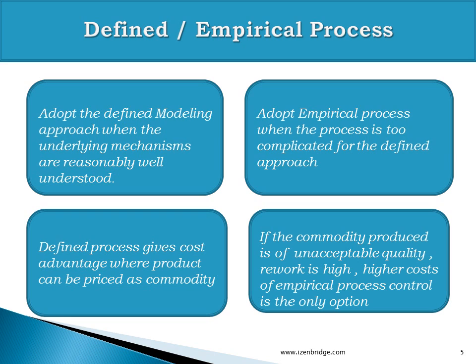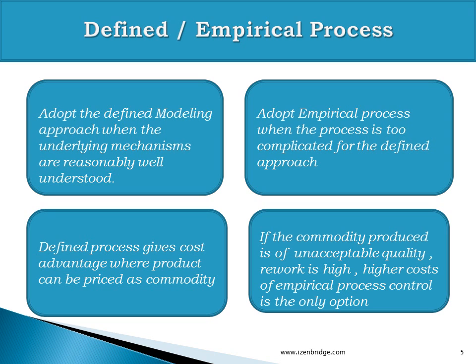So when to use a defined process and when to use an empirical process? We should use defined processes wherever we can use them, because they are easy and cheap. The output generated out of defined processes is of less price. But we should not be using defined processes for problems which are not clearly defined, where the underlying mechanisms are not predictable.